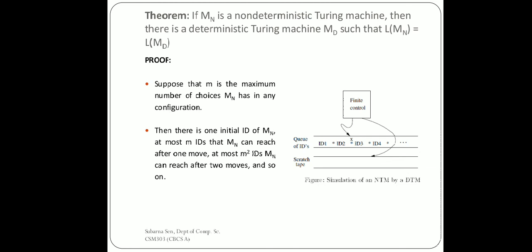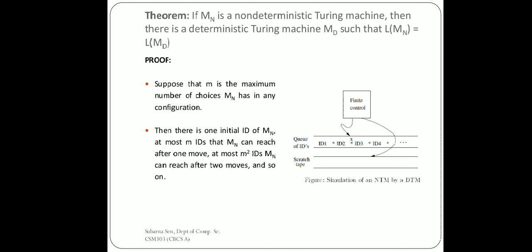If it has m choices, after one move it can move to at most m places. With two moves, again m choices each, so m into m, that is m square. And with three moves, it will be m cube.